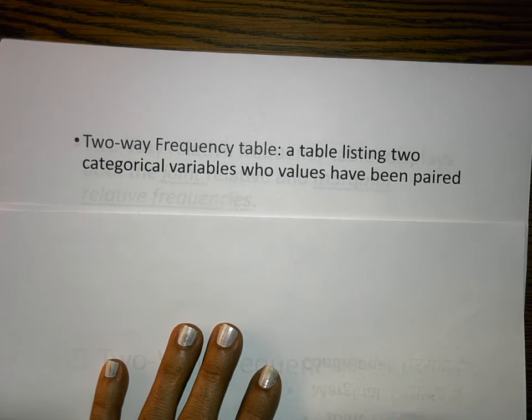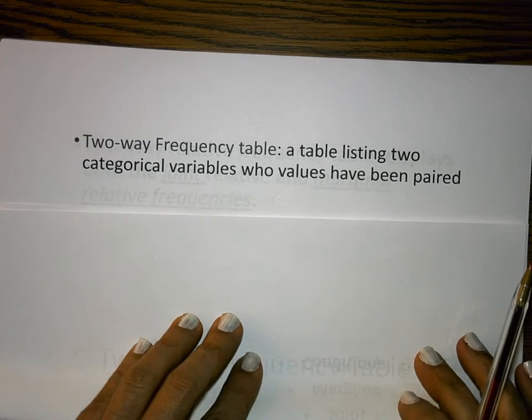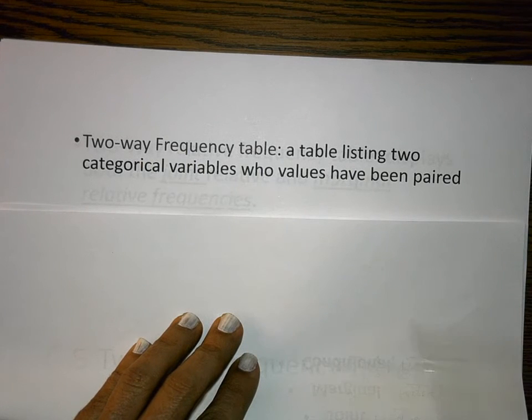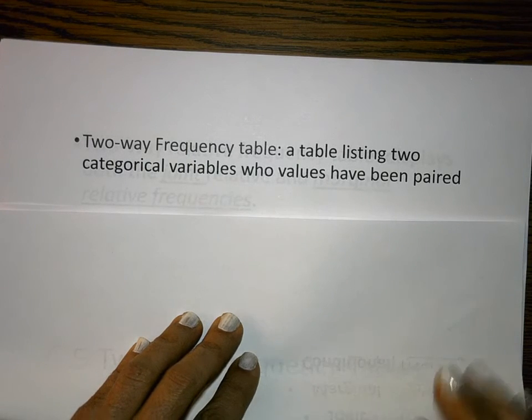We have the males that like chocolate, the males that like strawberry. So we're going to be pairing up some categorical variables and their values. It's a table and it's a frequency. We're going to write down how many people fit in a certain category.